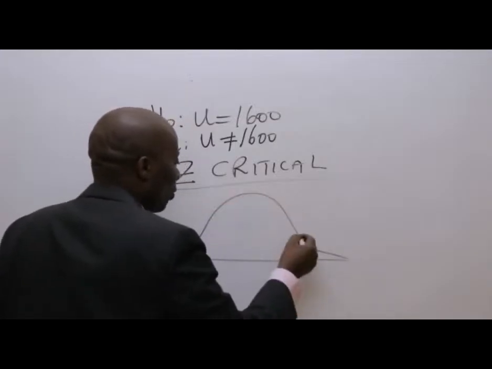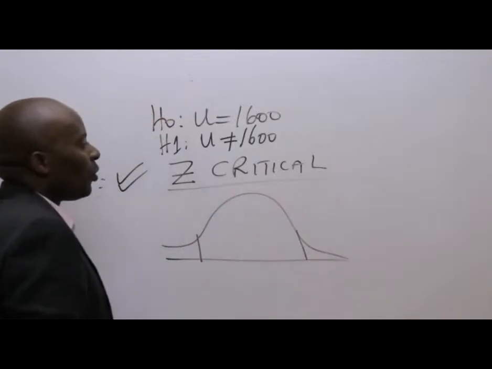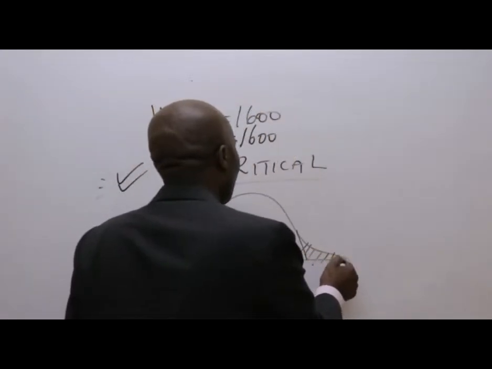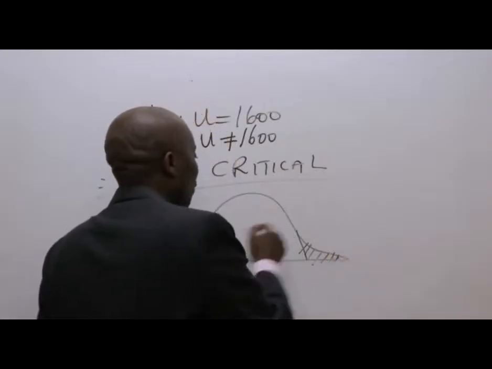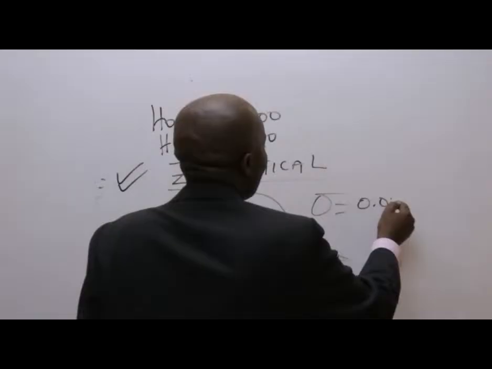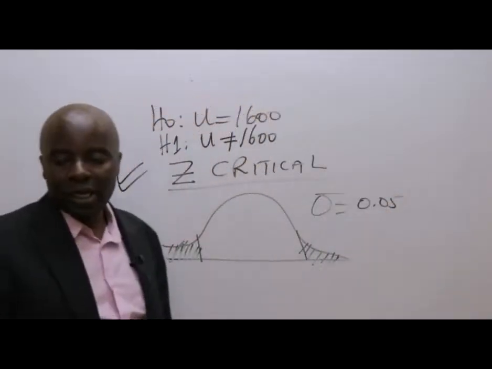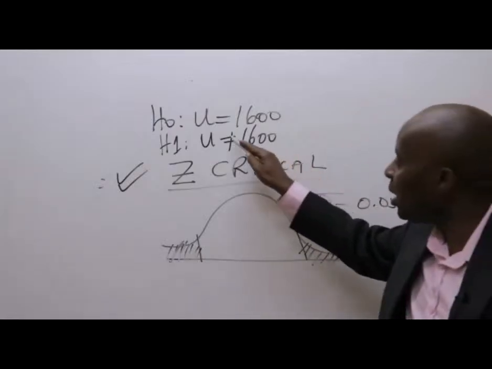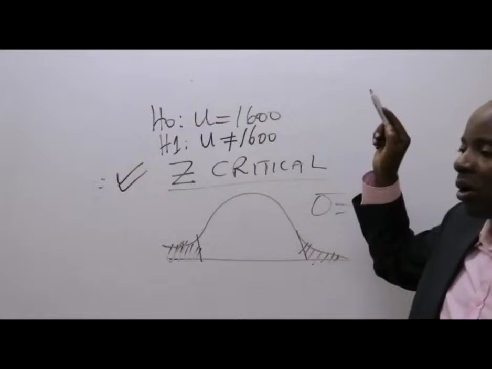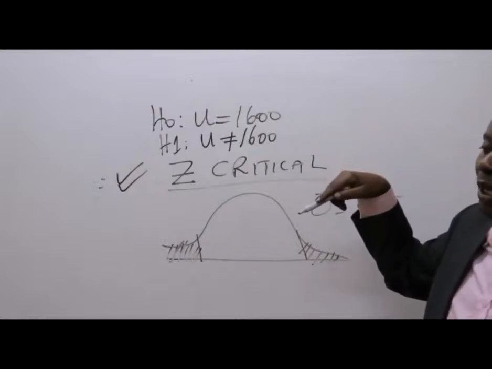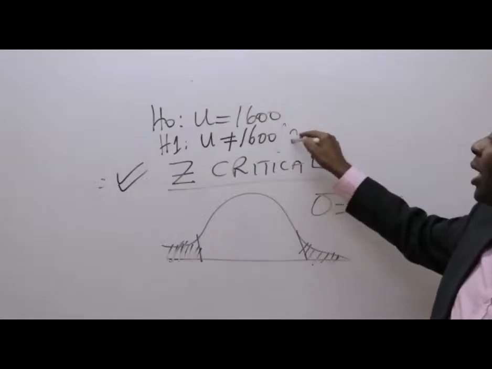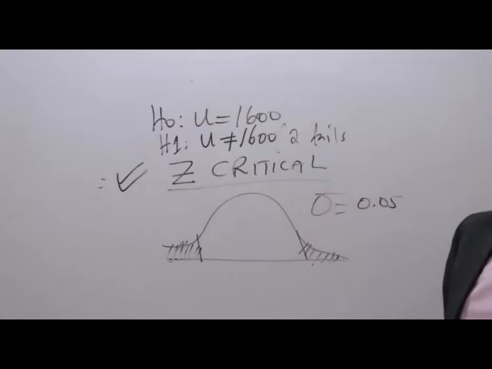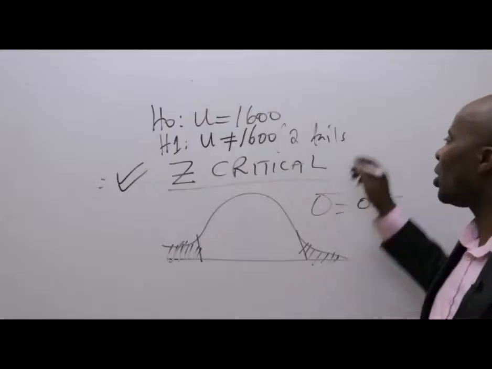This examiner has given us the level of significance, 5%, which is 0.05. Given that it can go either way, there are two directions, it means that you are handling a two-tails test. It's not a mono-sided figure.